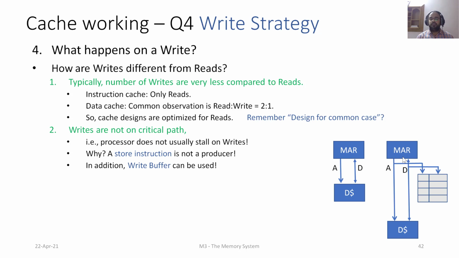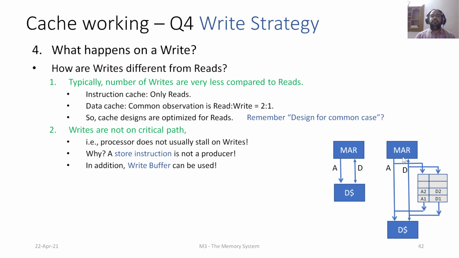So all the stores can typically go to the write buffer, and as time passes, the write buffer will accumulate some writes, and eventually when the write buffer is full or near full, we can start writing them to the data cache, or whenever the data cache is free, we can start writing the stores.